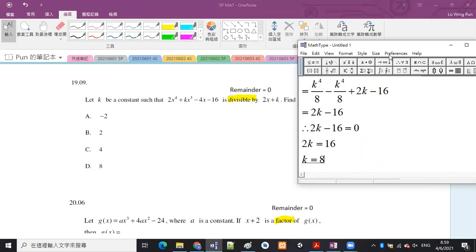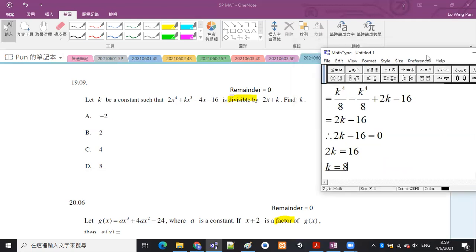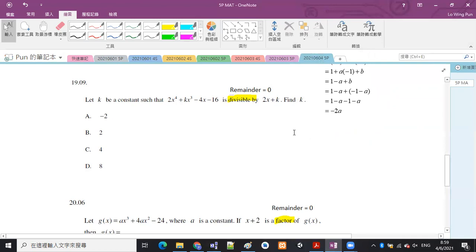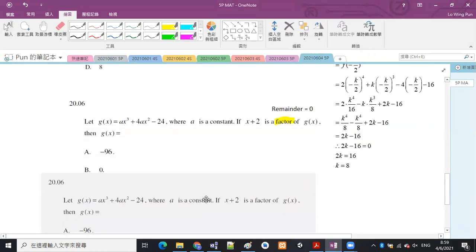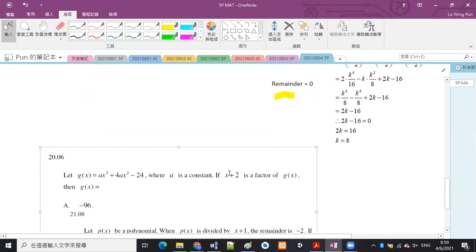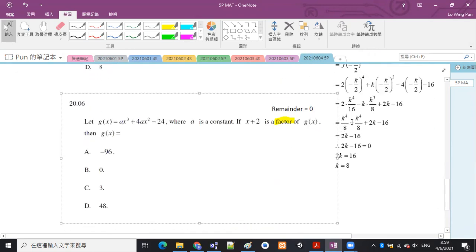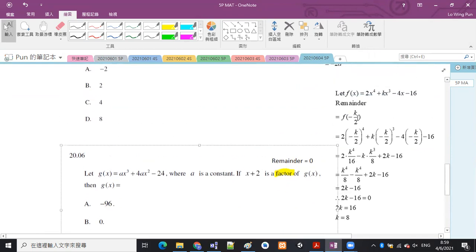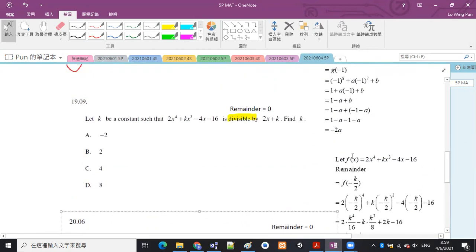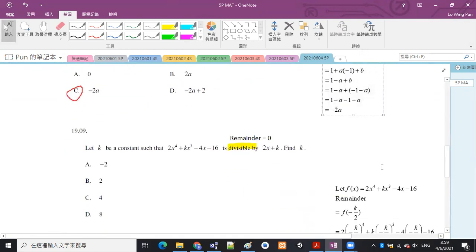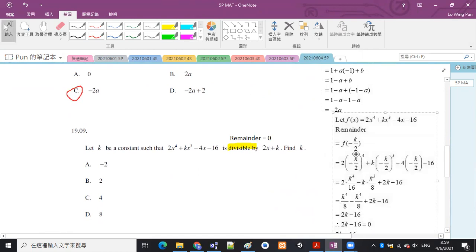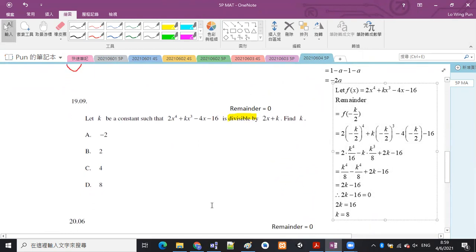Is the question asking us to find the value of k? Yes. So that will be the answer. Okay, sorry. You see? So the answer is option D.